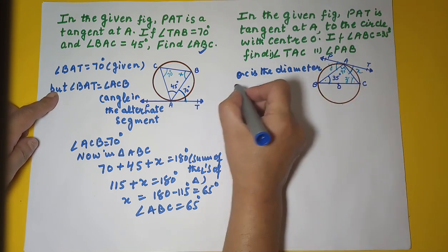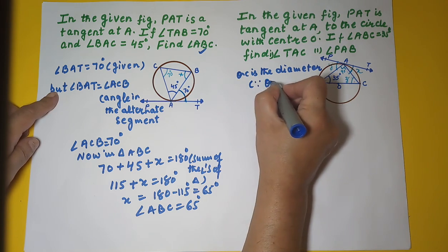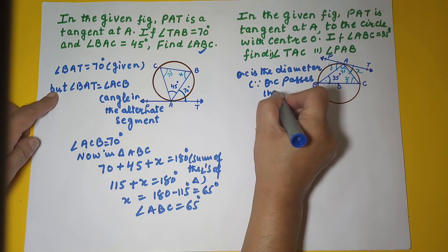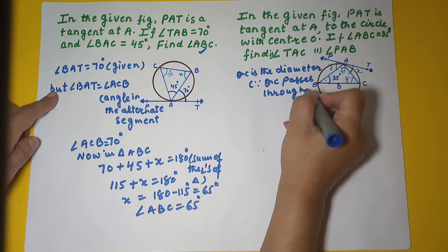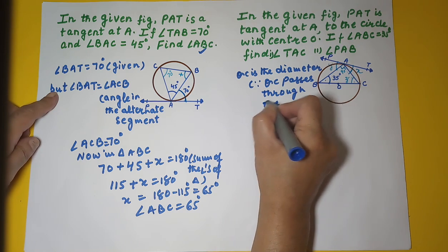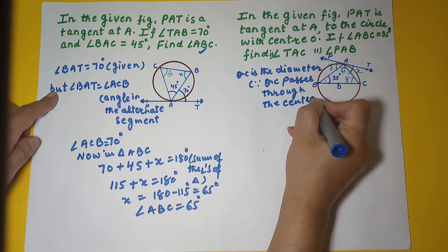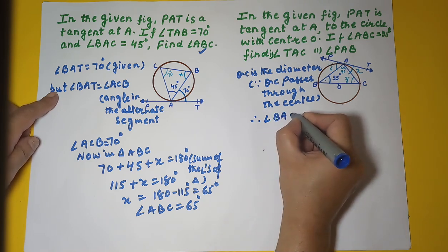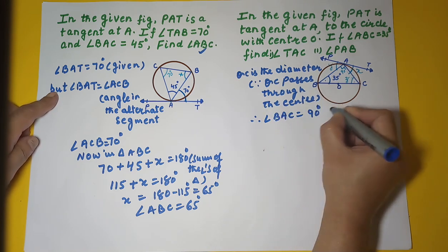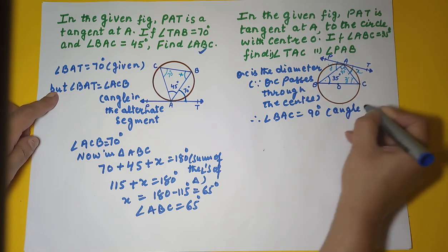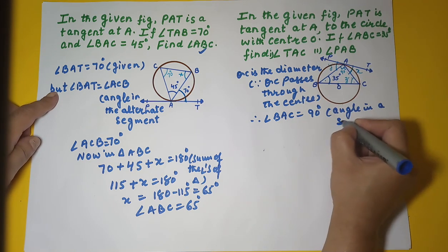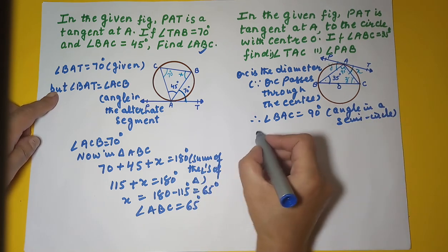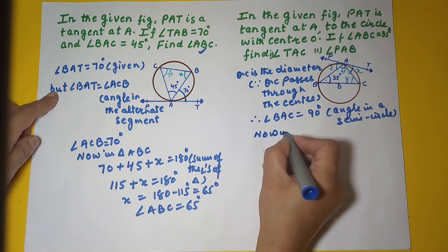Because QC passes through O, passes through the center of the circle. Therefore, angle BAC is equal to 90 degrees. Reason? Angle in the semicircle. Angle in a semicircle is always 90 degrees.